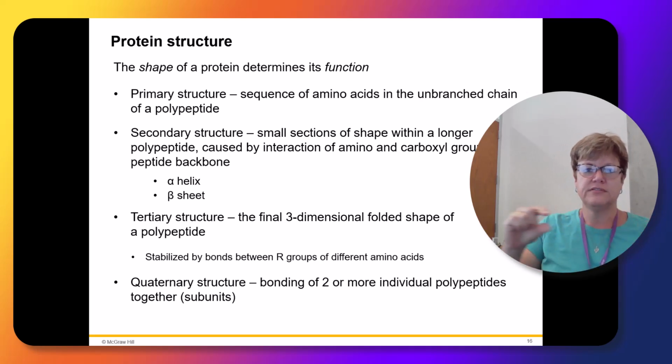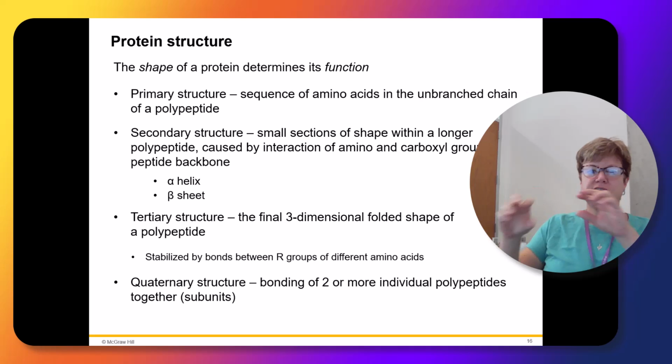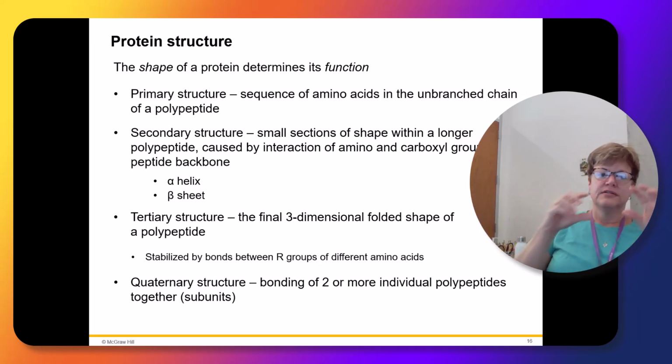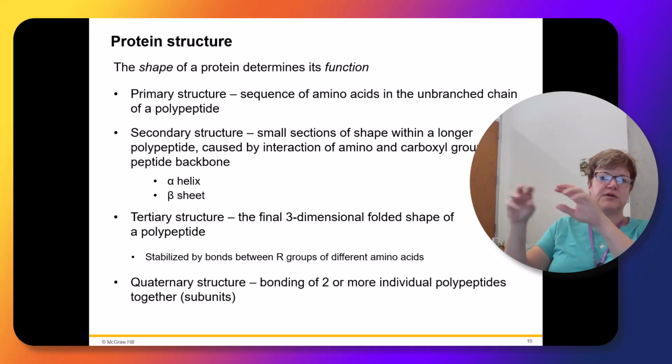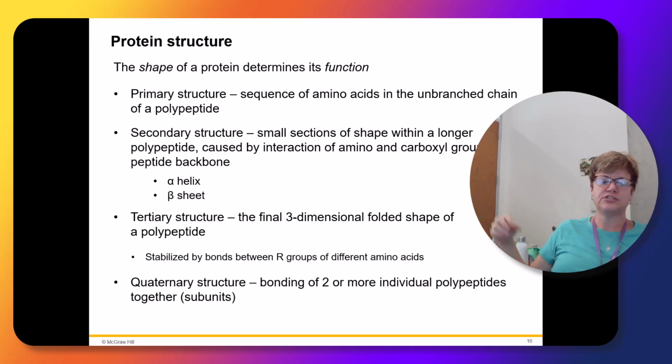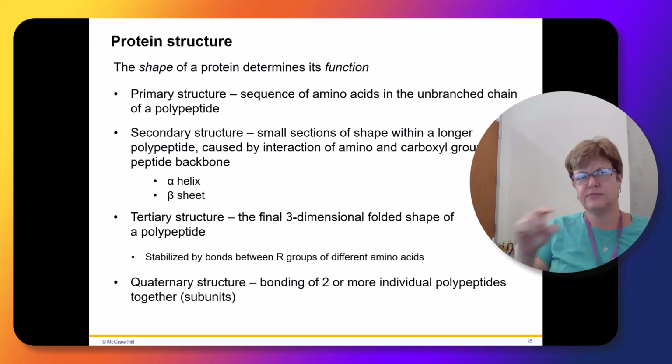Now, the first level is which amino acids are hooked together, because proteins have at any one position 20 different possible amino acids that can be hooked together with 20 other different possible amino acids. So you can have a lot of variation in what a protein is actually made of in terms of its individual amino acid composition.